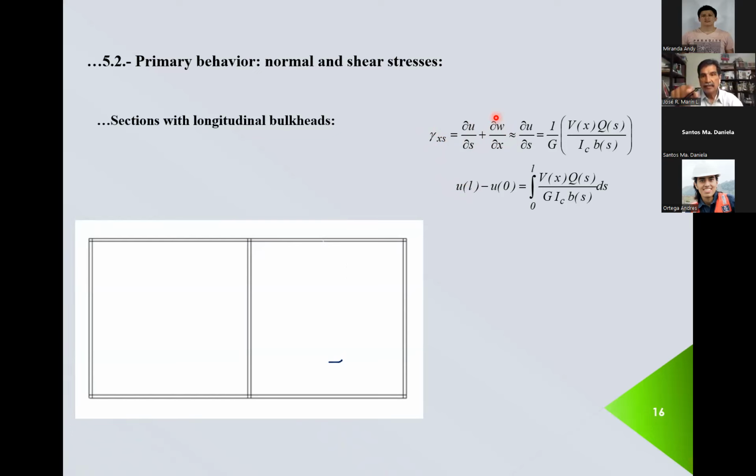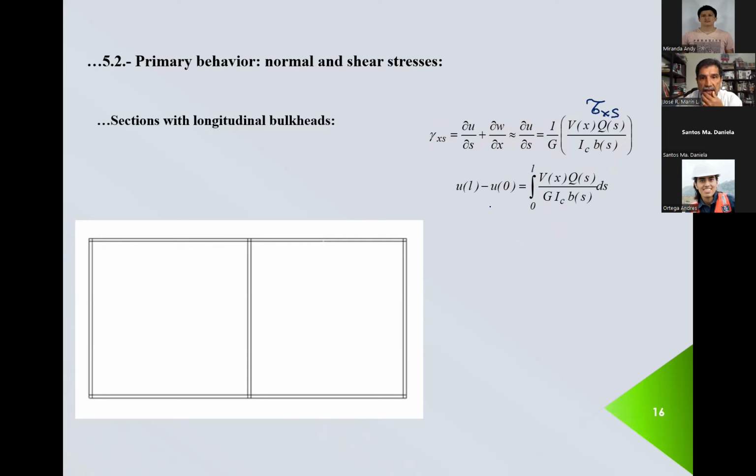And that deformation, that deflection is w. So dw/dx would be the slope when the ship hull deforms like that. But in general, we don't expect that to be that large. So in general, this is very small. So we say this is approximately equal to du/ds, and gamma is equal to 1 over G times the shear stress. So this is tau xs. And that's the formula that we just reviewed a couple of seconds ago.